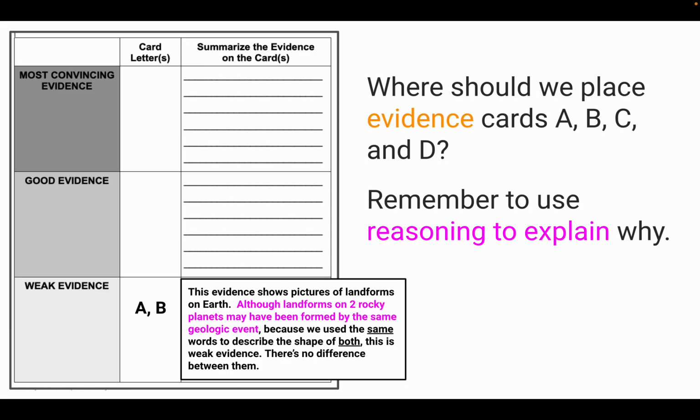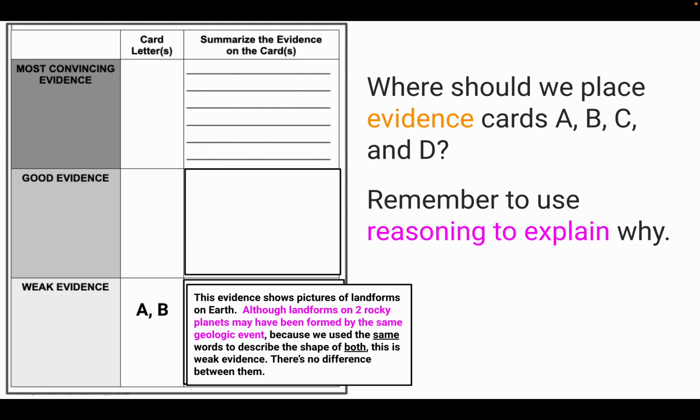And then I'm going to move on to the next one. So now we're trying to think about C and D. So they would go here in good evidence. And again, watch what I'm doing. I'm going to summarize, and then I'm going to use a key concept or 2 to explain why we've got them right here for good evidence. So it says both of these models prove that liquid water and lava can make channels. Here's my key concept number 3.